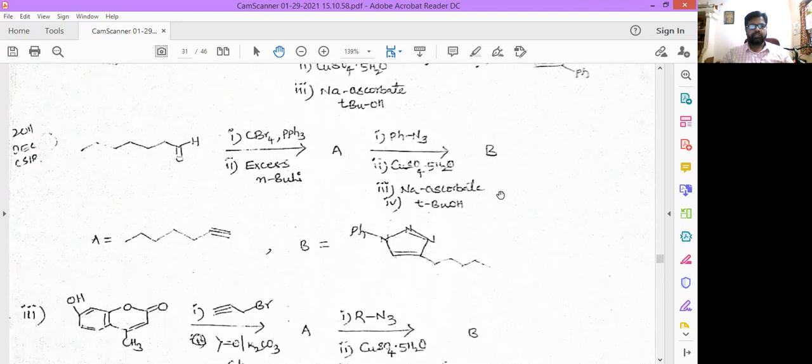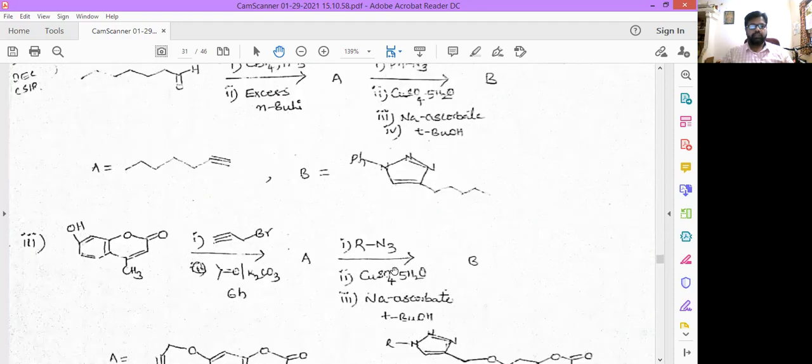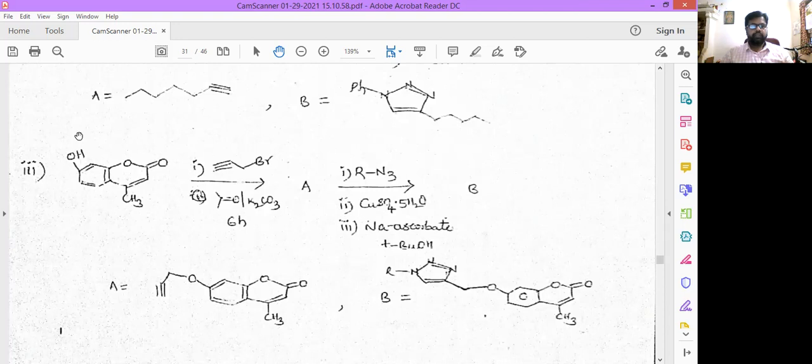Same thing here also you can see. First you have this, and you have to convert the last aldehyde group to a terminal alkene. Afterwards you use PhN3, this azide group, and substitute it on the terminal alkene. Here in this one also you can remove one OH group, so you will get this OH with a terminal group, where bromine will react with oxygen.